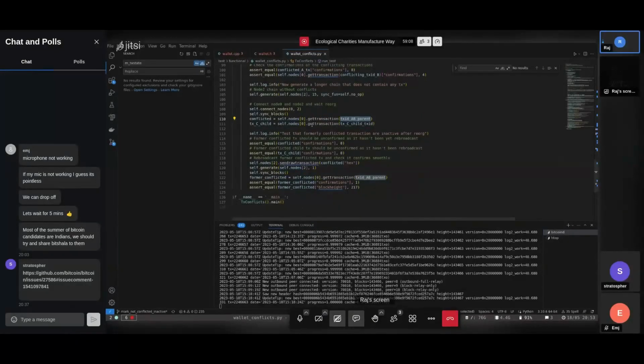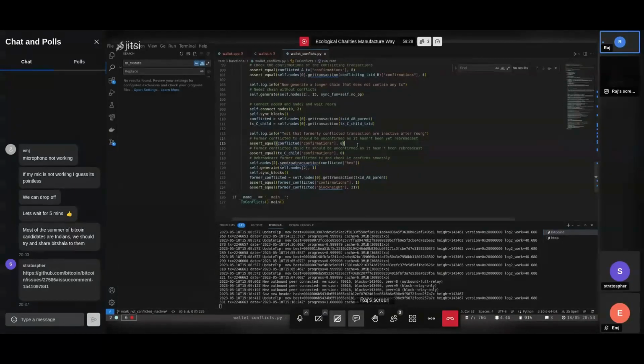And so AB parent's new transaction status is that it has confirmation 0. And confirmation 0 doesn't actually state whether it's inactive or active or abandoned or not. It basically says confirmation is 0. It means it's not in a block.